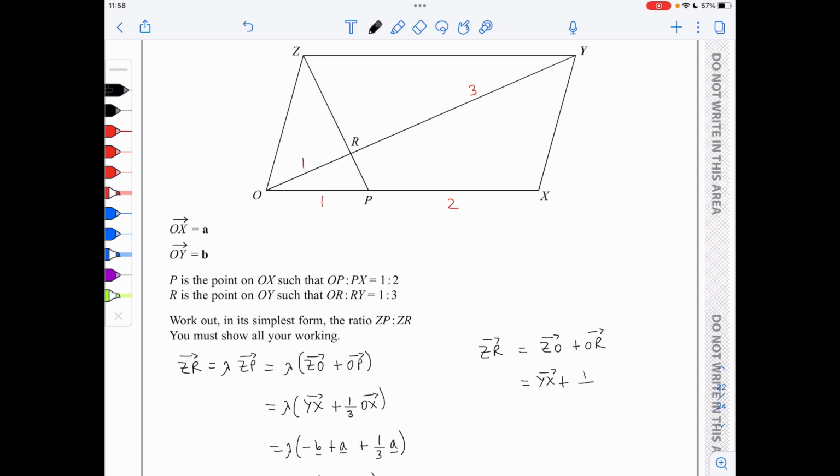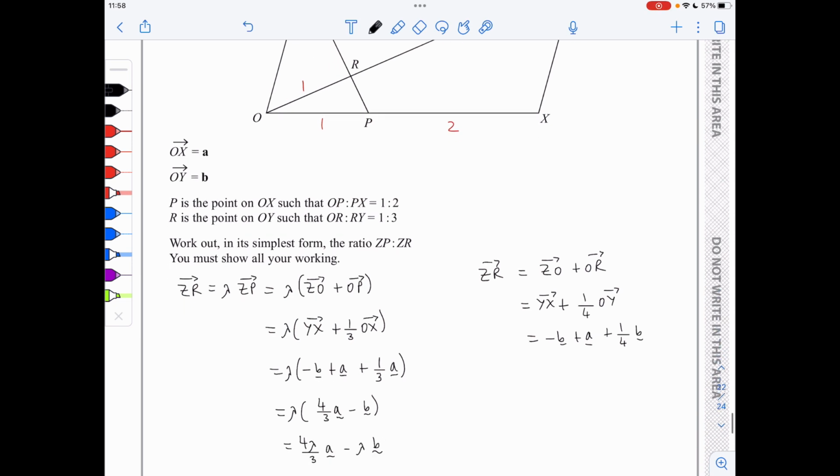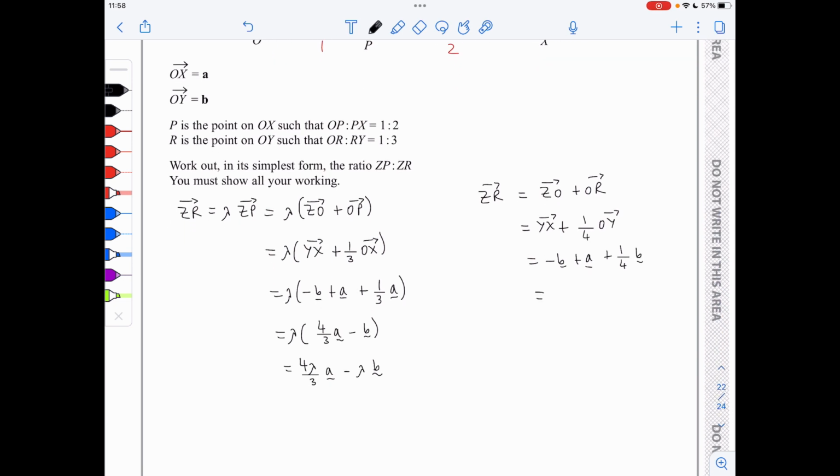So plus a quarter of OY. Now YX is minus B plus A, and a quarter of OY is a quarter of B. So this leads to A minus 3/4 of B.